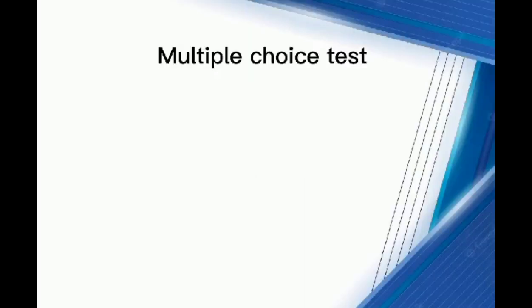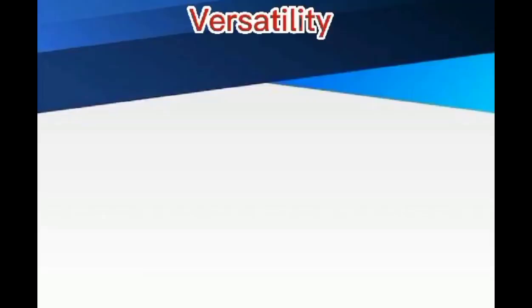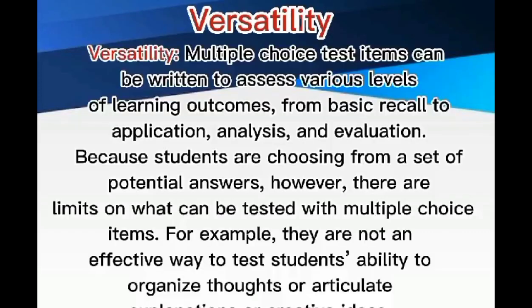Multiple choice test. Multiple choice test questions, also known as items, can be an effective and efficient way to assess learning outcomes. Multiple choice test items have several potential advantages. First is versatility. Multiple choice test items can be written to assess various levels of learning outcomes, from basic recall to application, analysis, and evaluation.